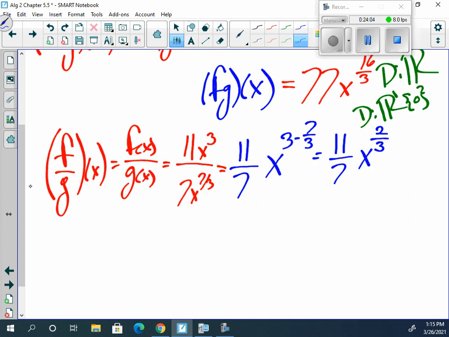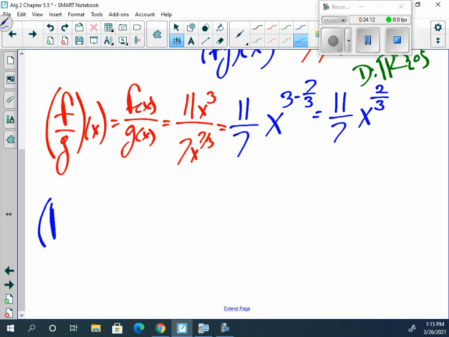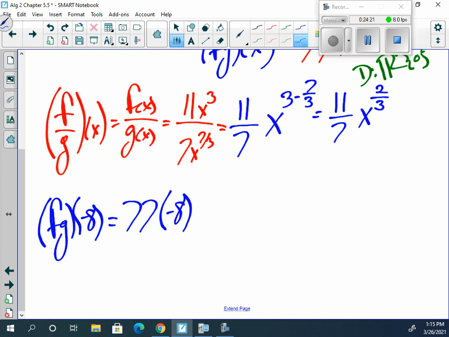So any question on either one of these here? Okay. Now we do the last part, f times g of -8. Well, this here would be 77 times -8 to the 16/3.